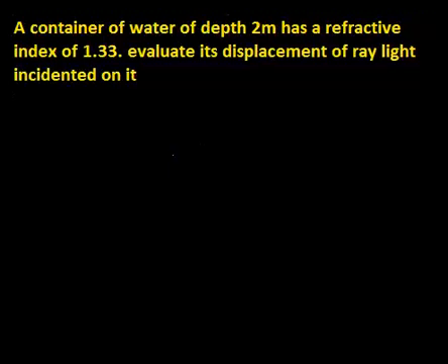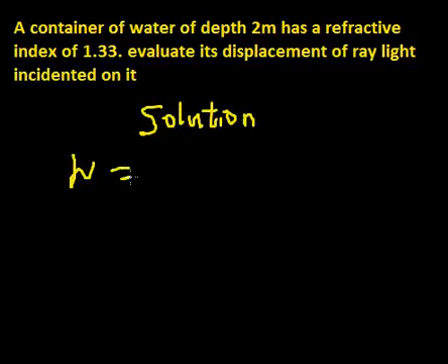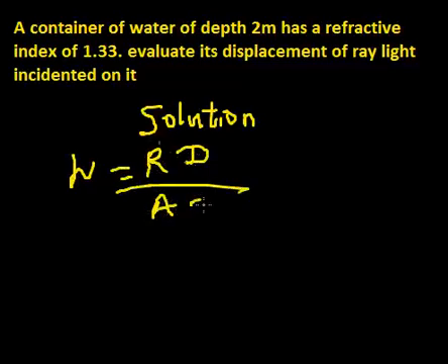So now I have the solution. Before I can get the displacement, I need to get the apparent depth. Refractive index is always equal to real depth over the apparent depth. The refractive index is 1.33, and the real depth of that container is 2 meters.